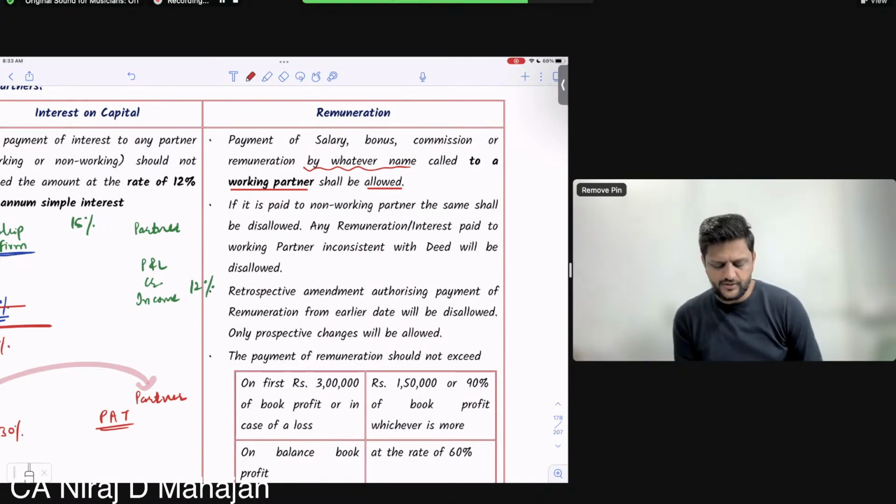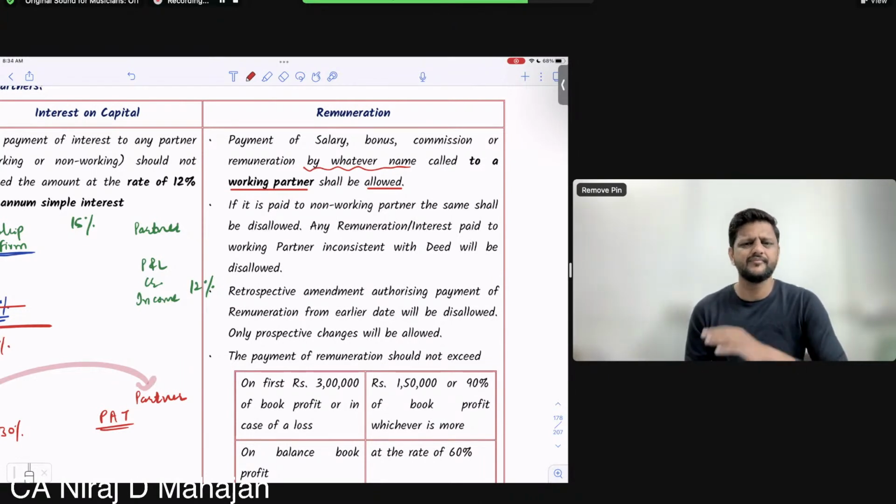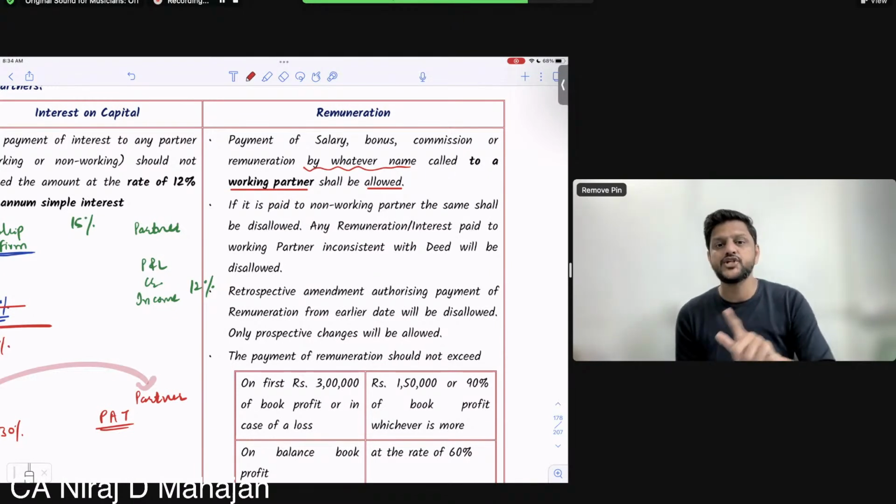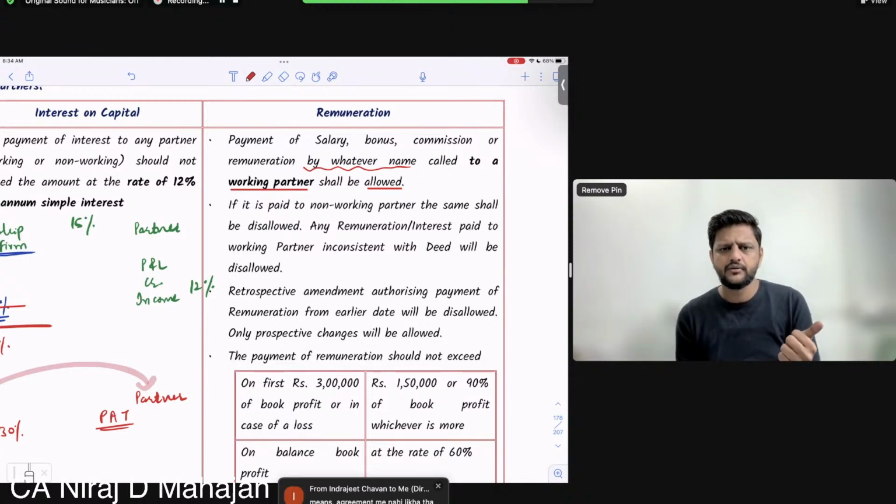Any remuneration or interest paid to a working partner inconsistent with the deed will be disallowed. Again, we're talking about the firm's expenditure, but now this expenditure is not matching with the deed. Inconsistent with the deed means the deed is not being followed. It is contradictory to the deed.